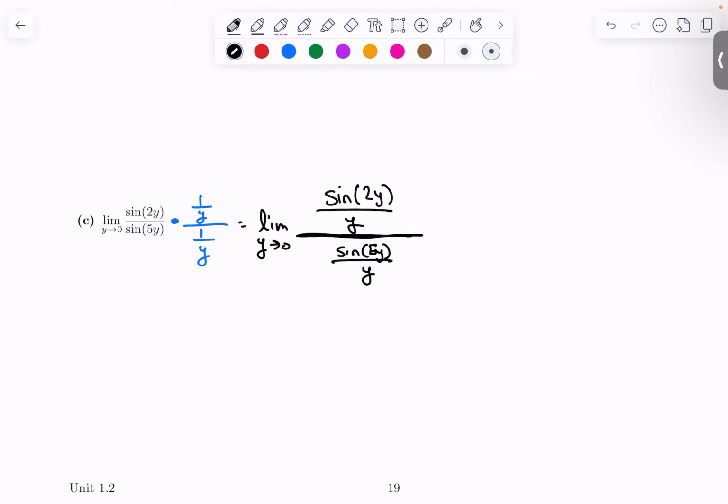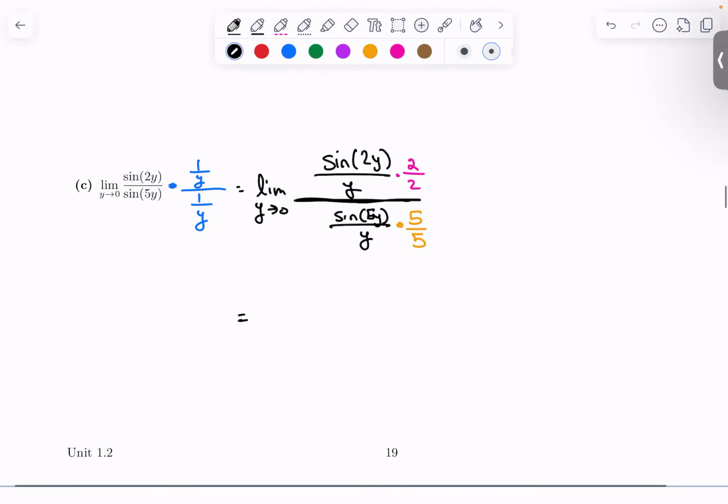And this gets to Eli's idea of trying to get an over y situation. And then we're going to take JT's idea of trying to find like terms. We want a 2y in the denominator of the big numerator. We want a 5y in the denominator of the big denominator. So again, we're going to cleverly multiply by 1. This time we're going to multiply 2 over 2 and by 5 over 5.